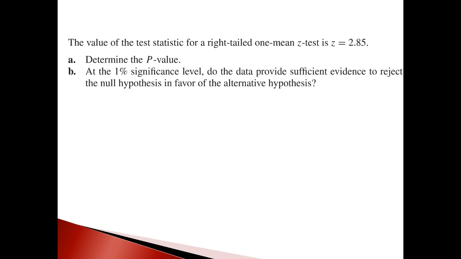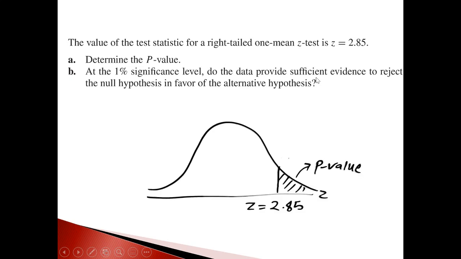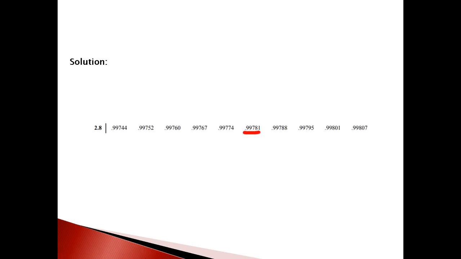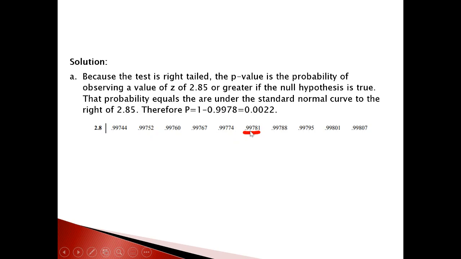Okay, another example. This is a right tail test, just like one example I did earlier. So z is 2.85. Again, the process is the same. Find the p-value for this critical value 2.85. If you go to the standard normal table: 2.80, 2.81, 2.82, 2.83, 2.84, 2.85. That's the required area.